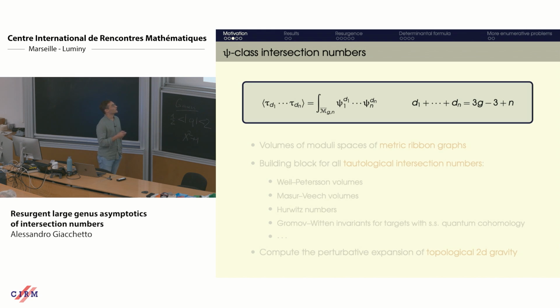These are given by some integrals over the moduli space of curves, and they depend on a tuple of integers, d1 up to dn, that sum up to 3g-3+n. Secretly, this tuple depends on a genus parameter, which is given by this equation here.